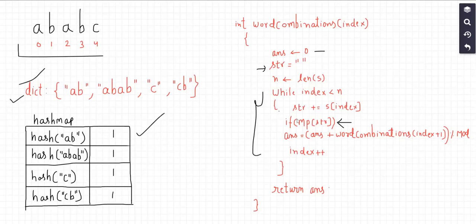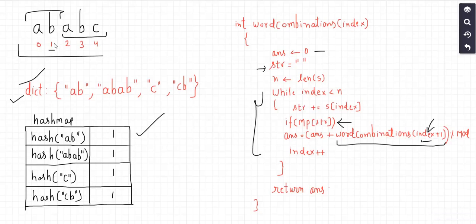If it is present, then all I have to do is to call the function word combinations for the next index, the index for which I got a matching prefix, like here, I get a matching prefix at 1. Then I have to call the function from index 2 here, right?